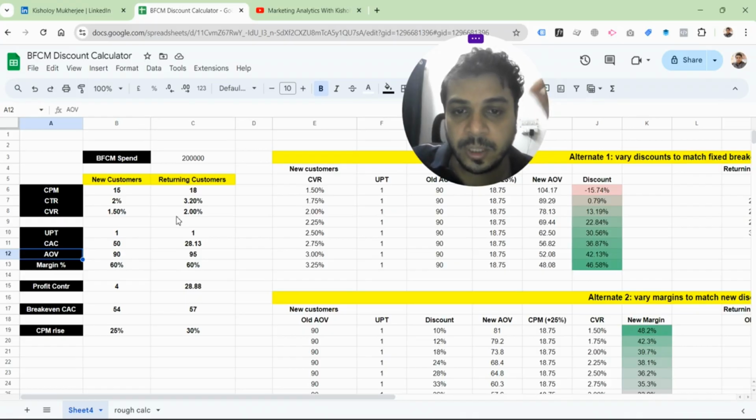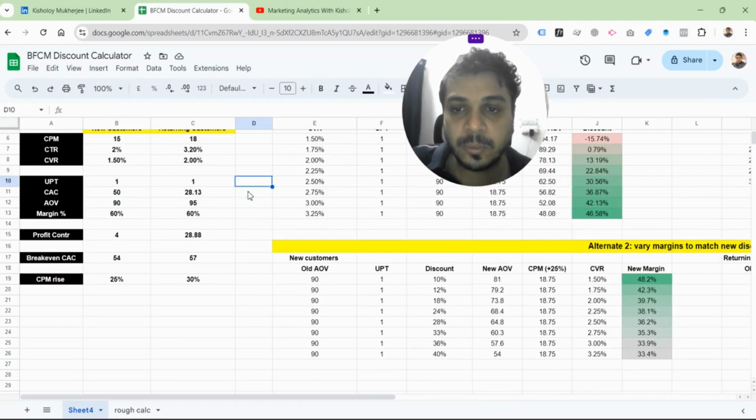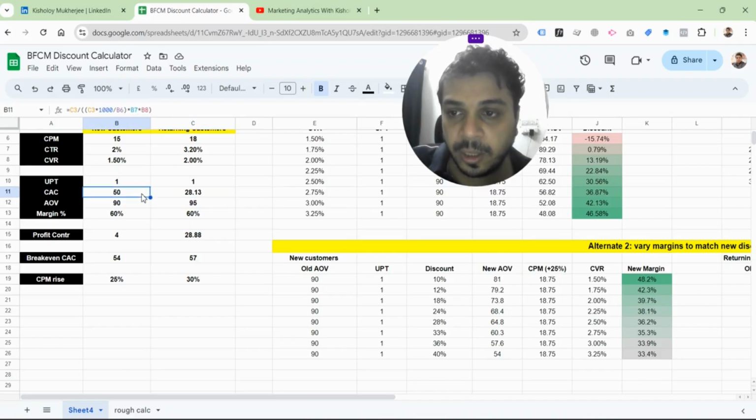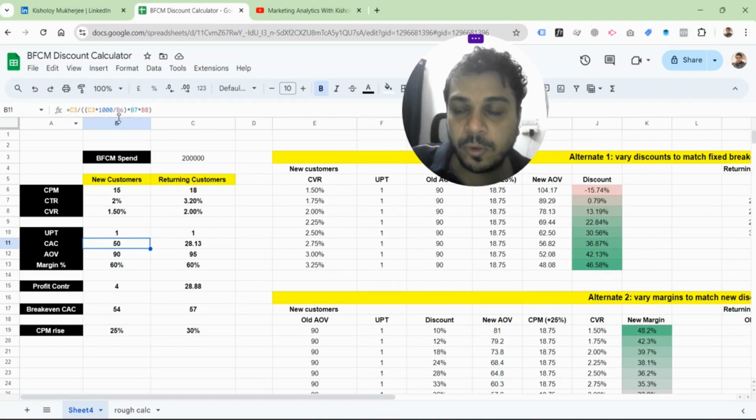But the reason why I have included it is because you can actually change it and update it according to the UPT that is more relevant in your case. Then we obviously have the cost per acquisition, and this is a calculated metric. And if I just hover over the formula here, you will see that it's done very easily using the spend, which is divided by the CPM and then multiplied by 1,000, and then multiplied by CTR and CVR to finally arrive at the cost per acquisition.